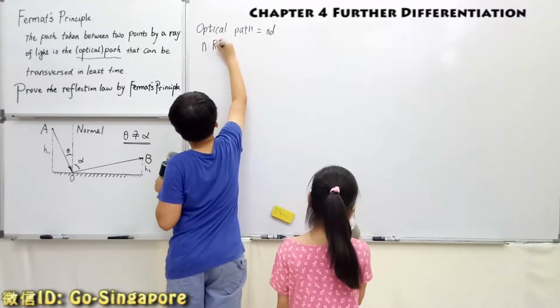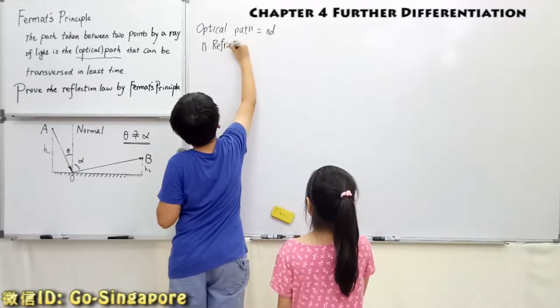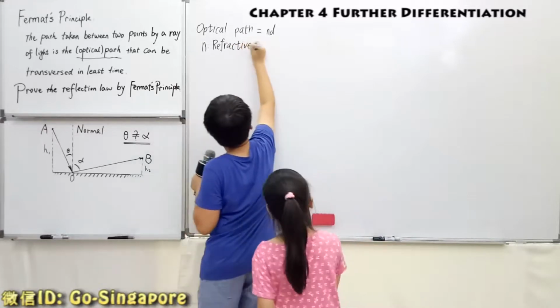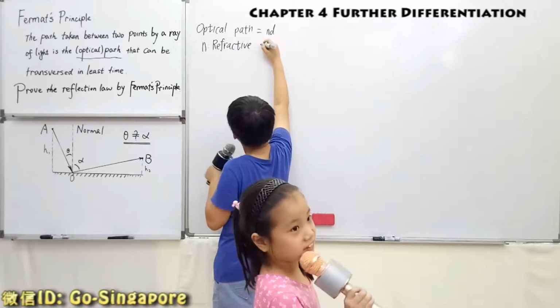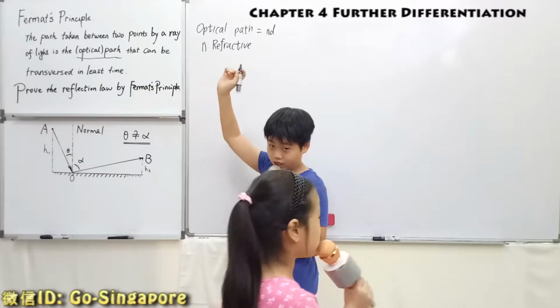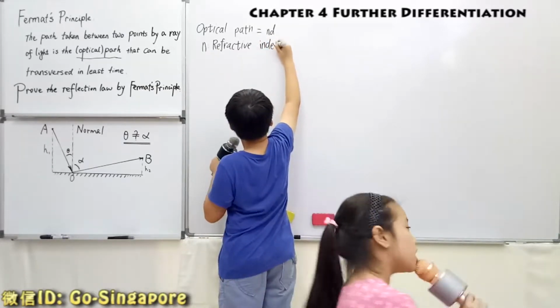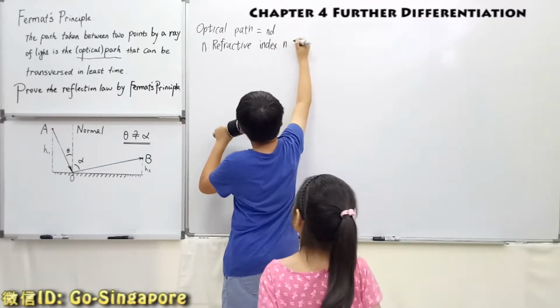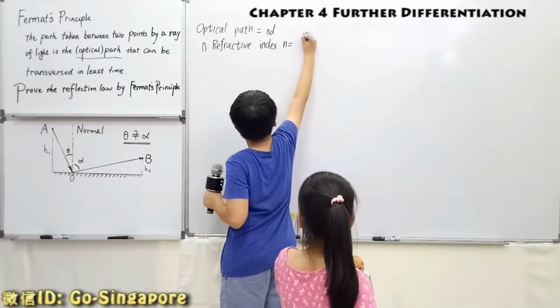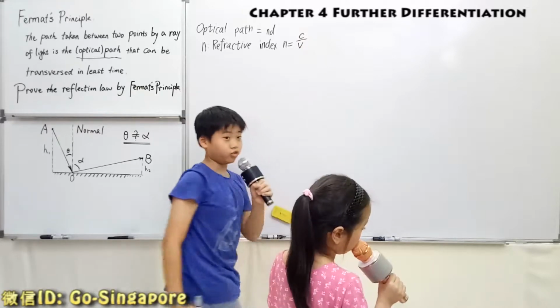n is the refractive index. For this, n is c over v.